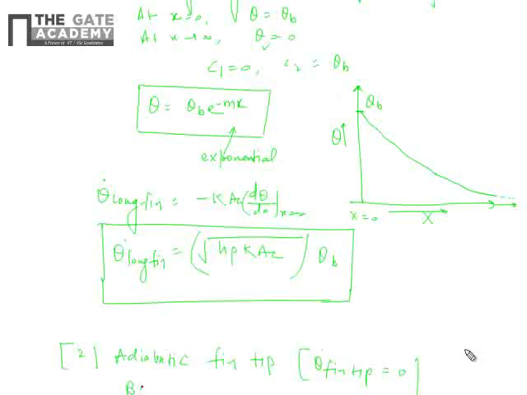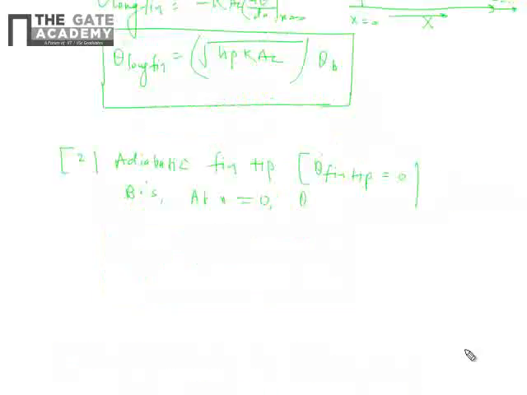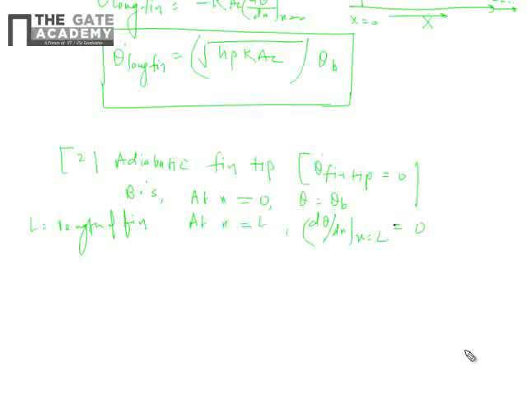So the two boundary conditions for the adiabatic fin tip are at x equal to 0, theta is equal to theta b, and at x equal to L, where L is the length of the fin, d theta upon dx at x equal to L is equal to 0.